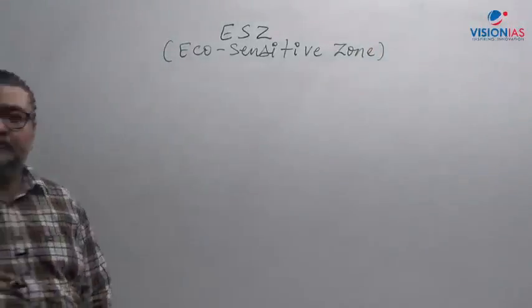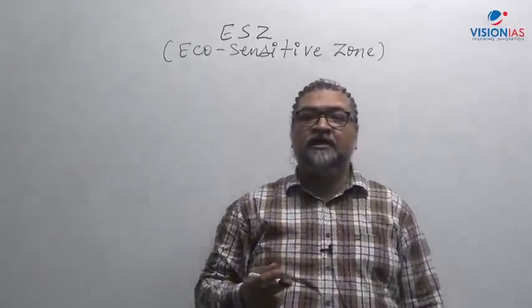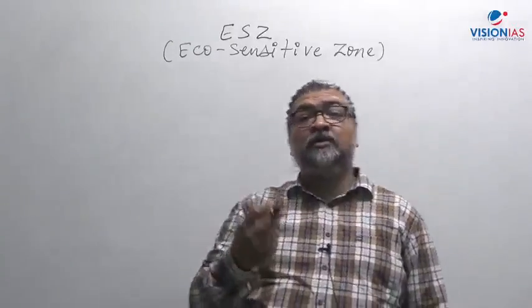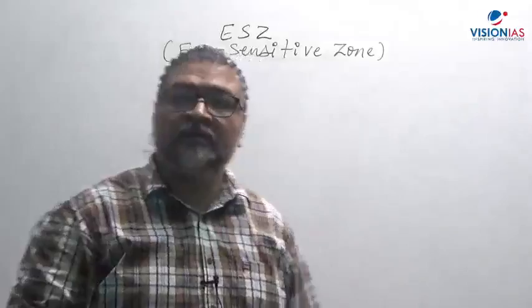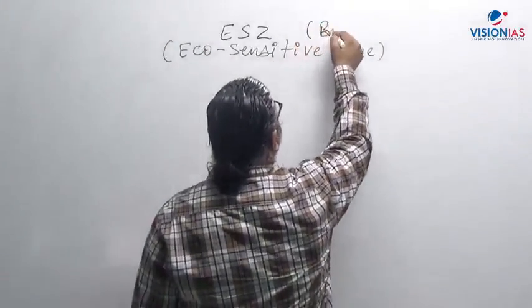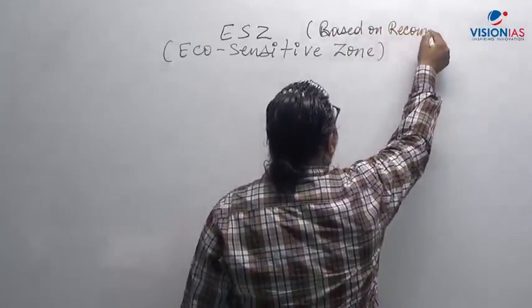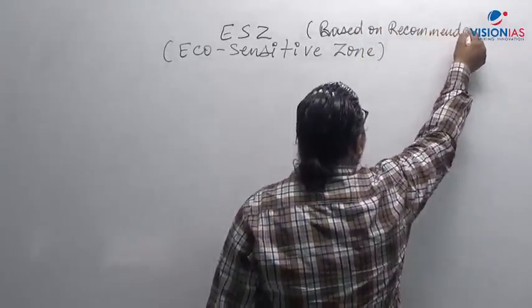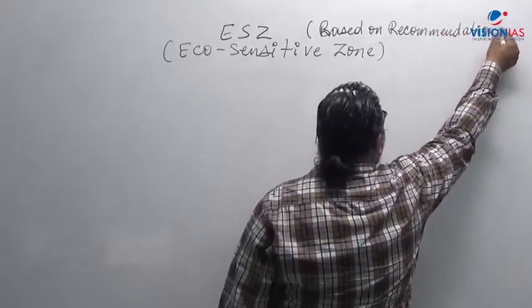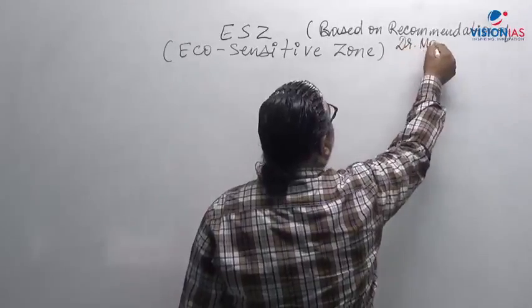Eco-sensitive zone, the ESZ concept. This concept in India has been brought forward by Dr. Madhav Gadgil's committee report on Western Ghat. It is based on the recommendation of Dr. Madhav Gadgil's report.